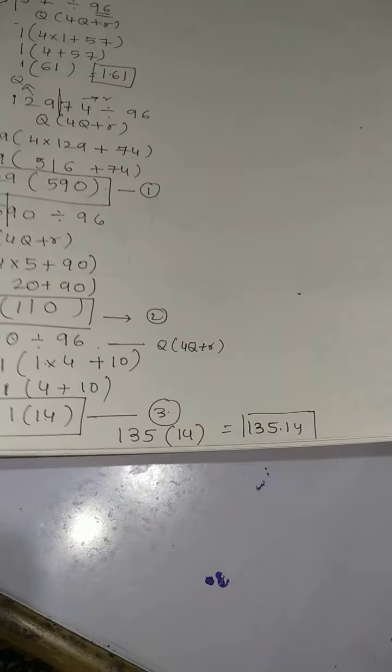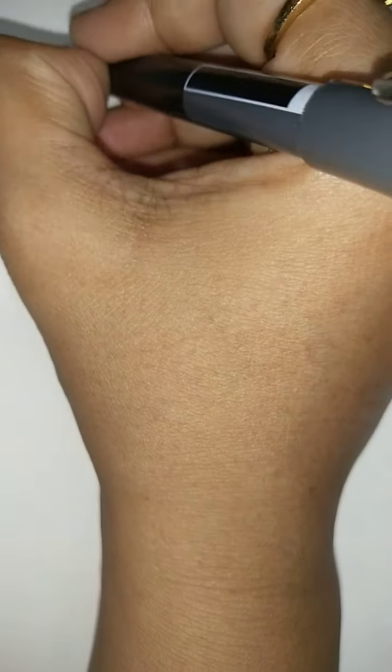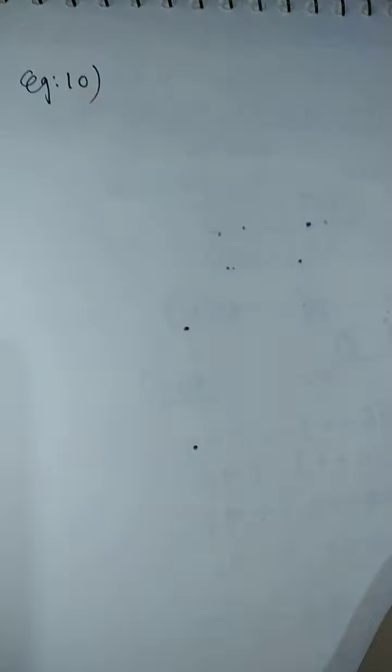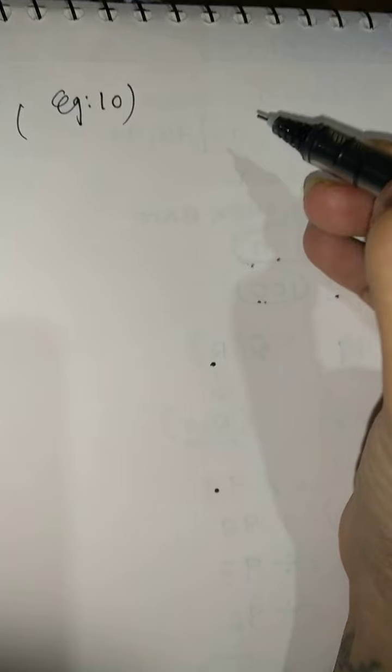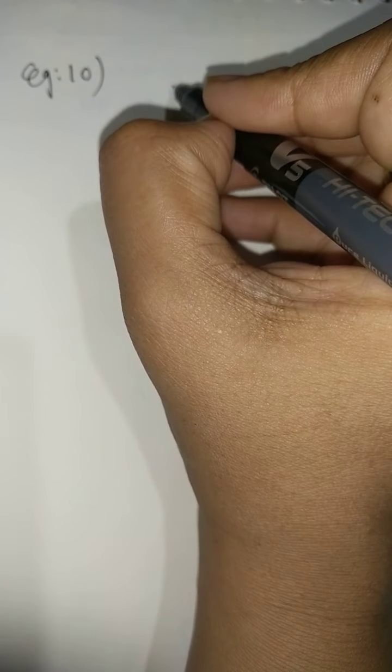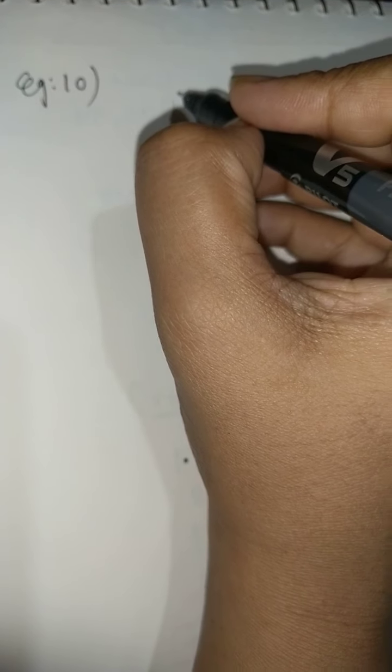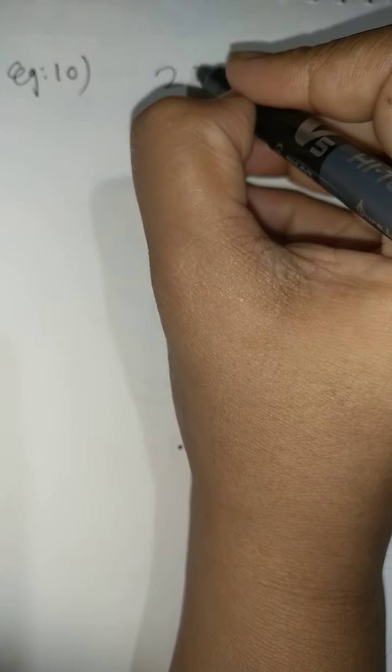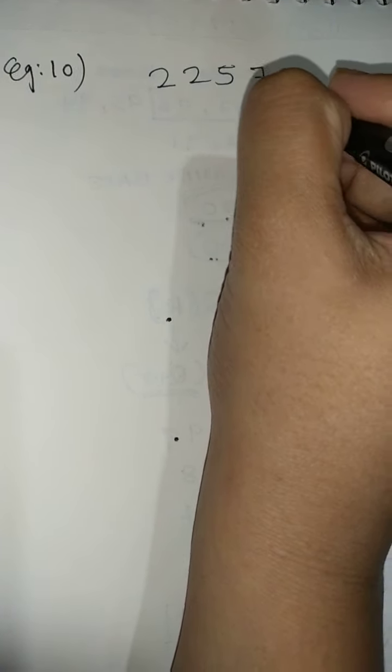Okay, one more bigger sum like this. Example number 10. Let's take 22572. Random, some random numbers I'm taking. Divide by 96.